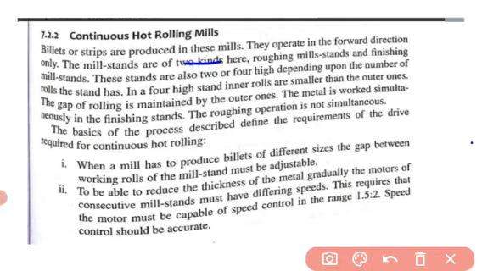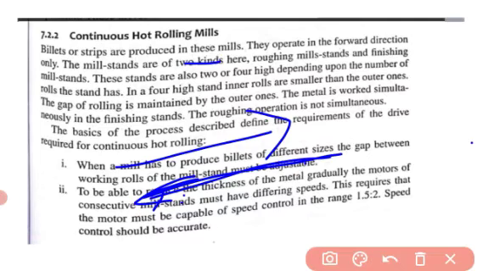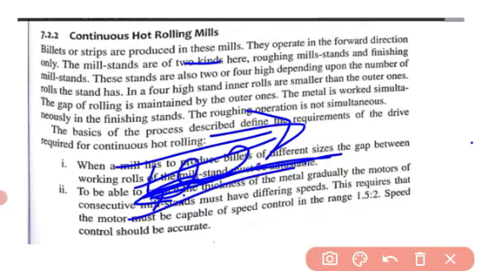So this is the difference: it moves in only one direction. The metal which is kept here is rolled in only one direction, not in both directions. This is the difference between continuous and reversible.